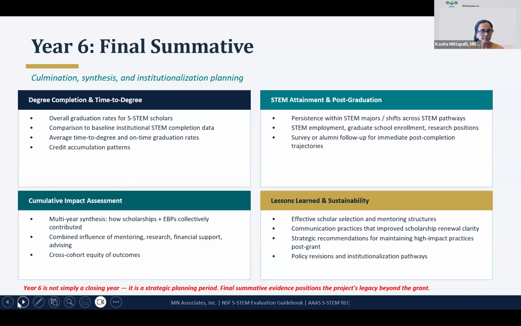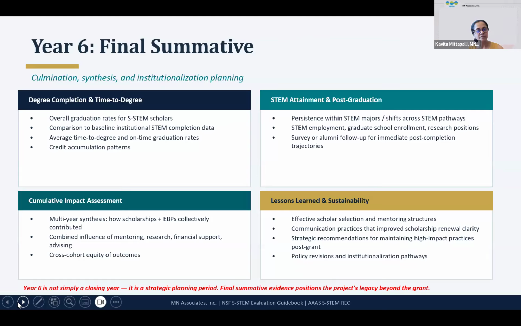STEM attainment. Did scholars complete the degrees in STEM disciplines, which were aligned with the project scope? What is the cumulative impact assessment? How scholarships and your EBPs collectively have contributed to persistence, attainment, and post-graduation pathways and workforce pathways.